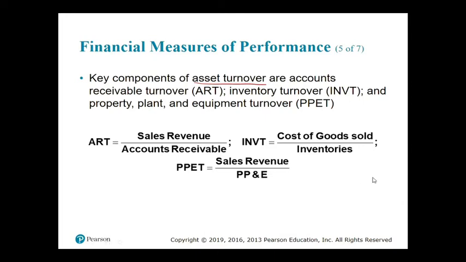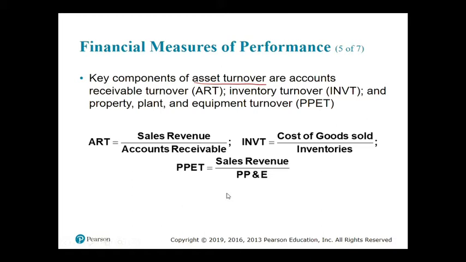So it's equal to the total cost of goods sold divided by the average inventory level. And then we have PPET, which measures the value generated from investing in property, plant, or equipment. And it's calculated as revenue divided by this investment amount.